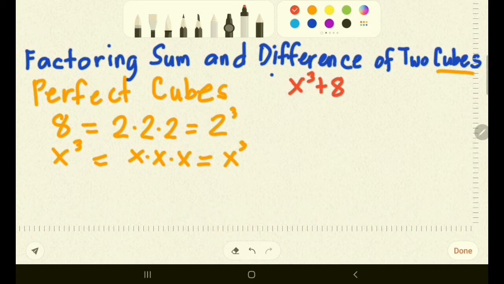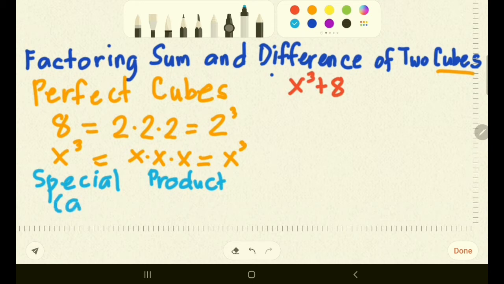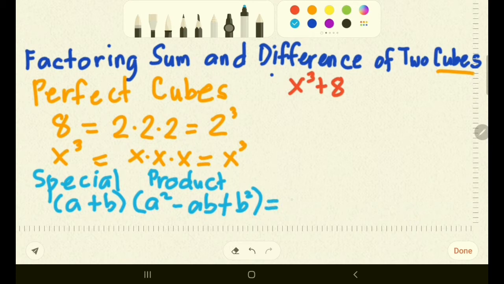But let's first recall the topic in grade 7, special products. You have a plus b multiplied by a squared minus ab plus b squared. Their product is just a cubed plus b cubed.